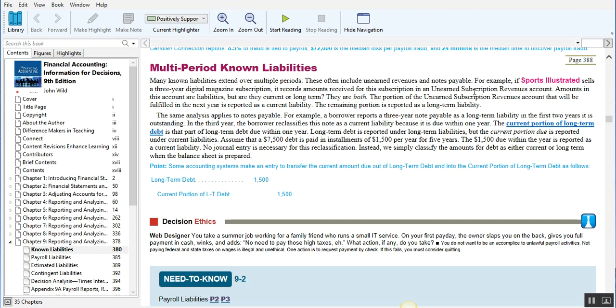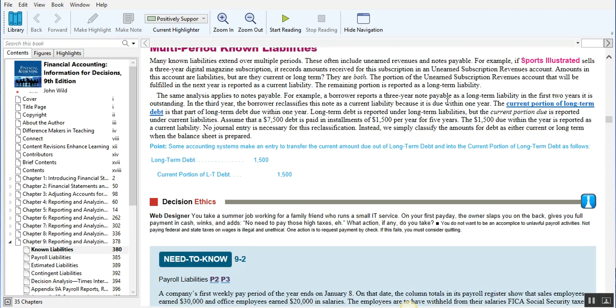If you are the magazine company, you record it as unearned income because it's unearned until you actually have a magazine to deliver to those individuals. So you'll have the entire thing going into unearned subscription revenues until you start sending the magazines out, and then those become earned revenues.